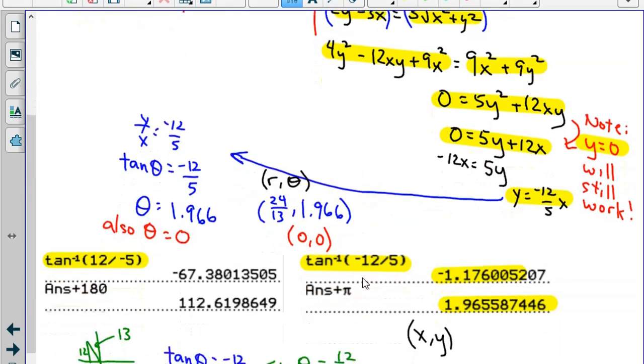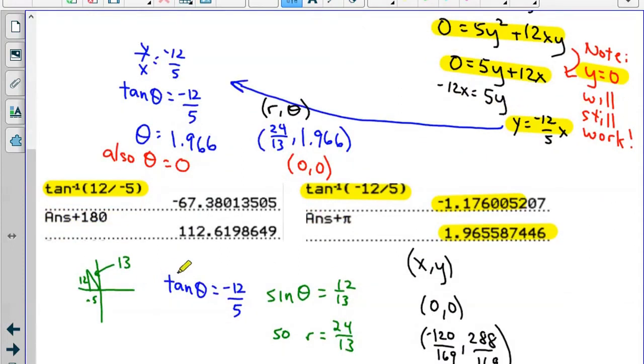So how did I get 24/13? Since tangent of theta equals negative 12/5, I drew the triangle, and I recognized that sine of theta in this particular triangle in the second quadrant, and I know it intersects in the second quadrant because I looked at the picture, sine equals 12/13.